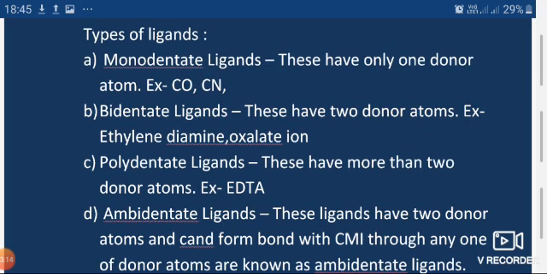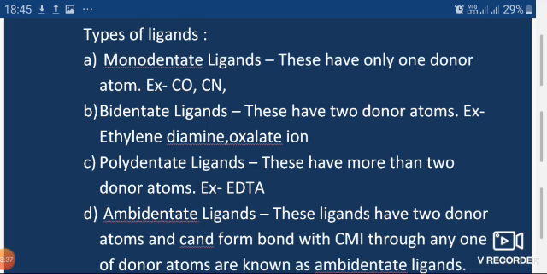The ligand that has the ability to bond with the central metal ion through 2 sides or through 2 atoms is known as a bidentate ligand. You can say these have 2 donor atoms.